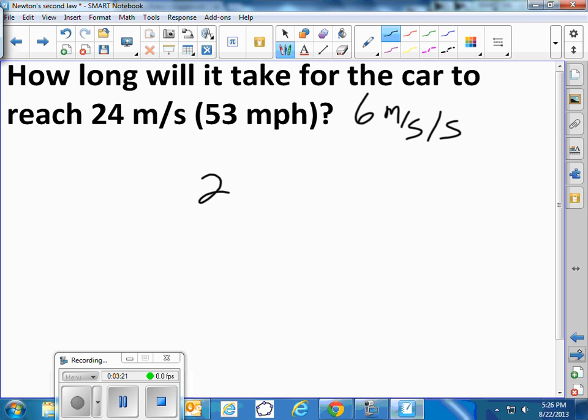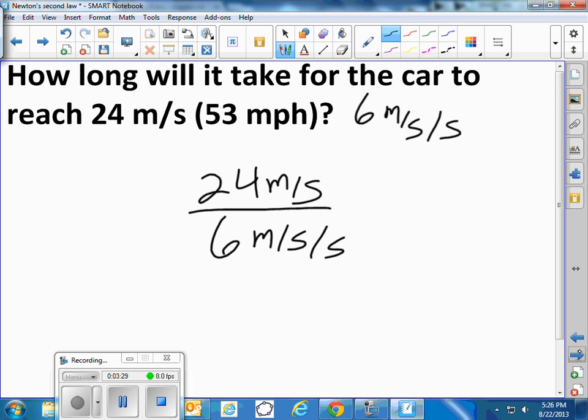You take your 24 meters per second that you're trying to reach and divide that by 6 meters per second every second, and you have 1 over 1 over seconds. That gives us 4 seconds. 24 divided by 6 is 4, and the units there are 1 over 1 over seconds, so you can just invert that and multiply, and you get units of seconds.